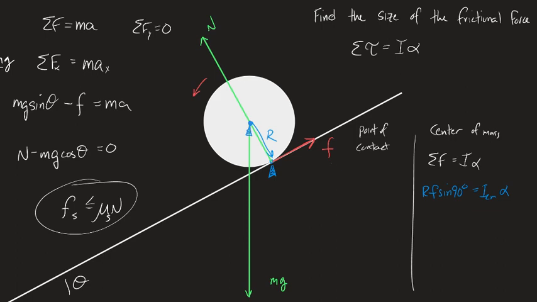If that's my pivot point, it doesn't provide a torque. But in this case, the only force that's actually causing a torque, if this is my pivot point, is going to be the weight. It acts a distance r away from the pivot point. The size of the force is mg, and in this case, it's sine theta. It acts at this angle, which is the same as the angle of the incline.